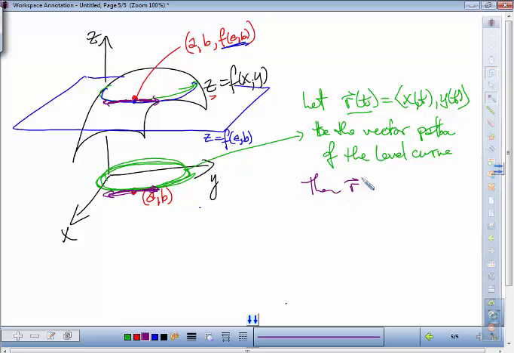So r prime of t is tangent to r of t. So we could approach this in a couple of different ways. How should we approach it?